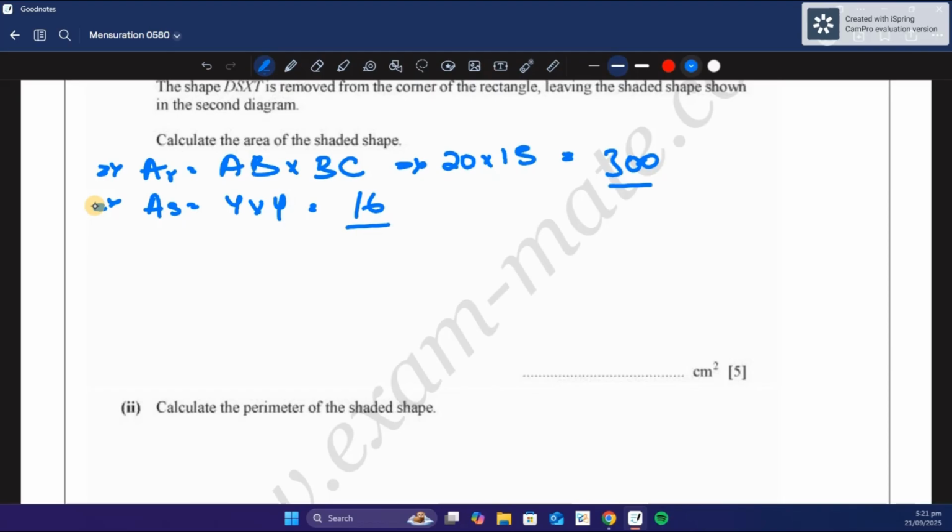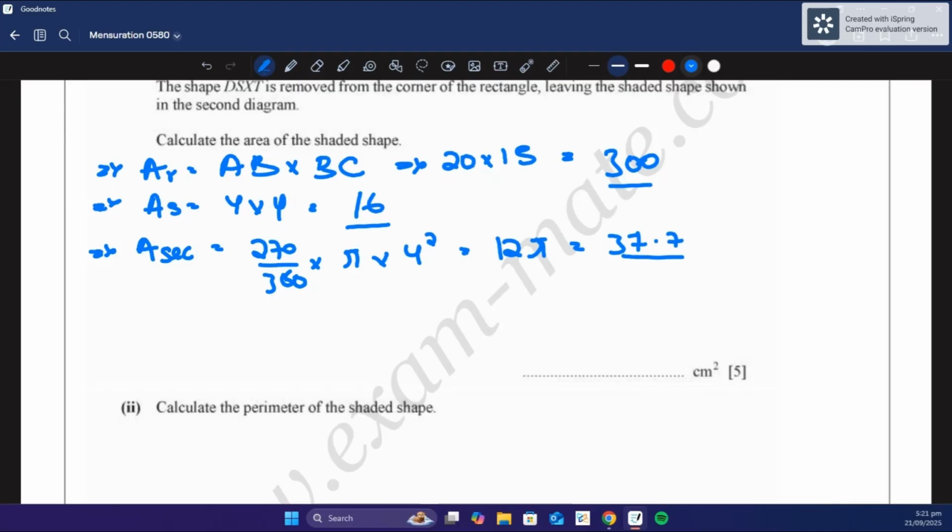Next we're going to calculate the area of the sector. This would give us 270 over 360 times pi times r squared, which is 4 squared. This would give us 12 pi, which is 37.7.